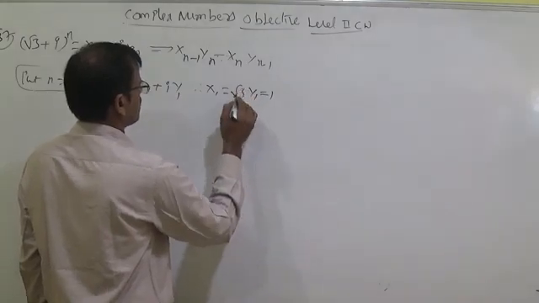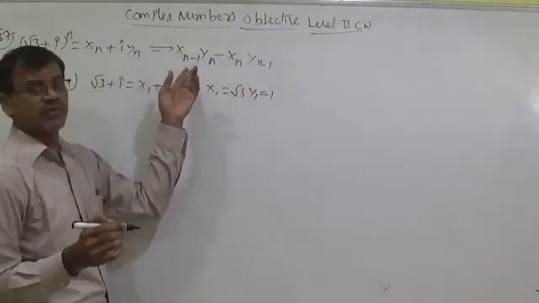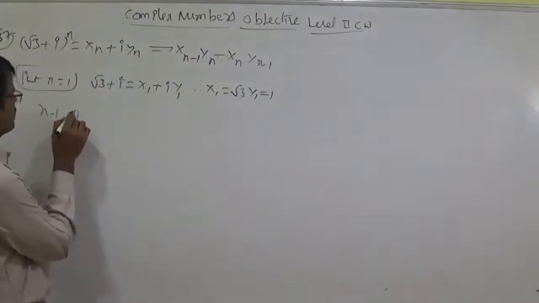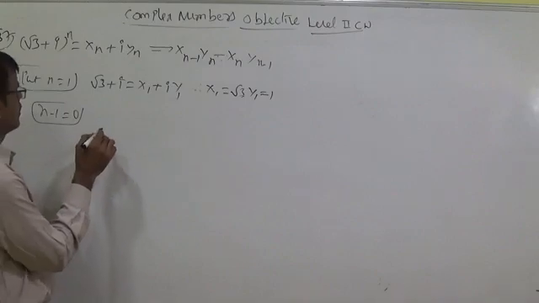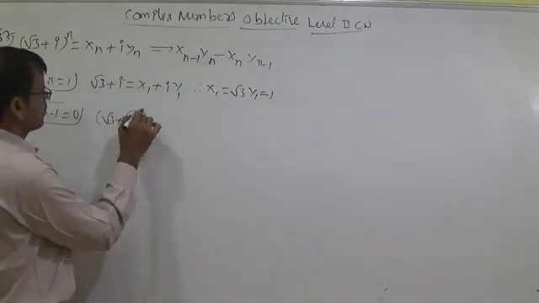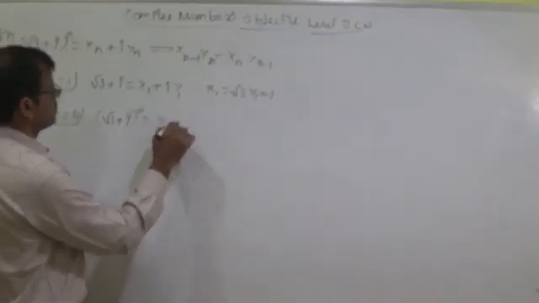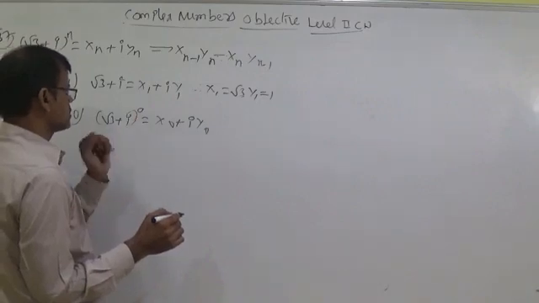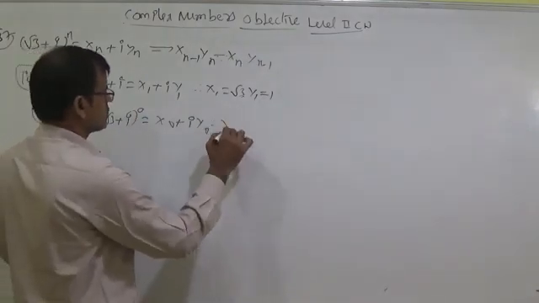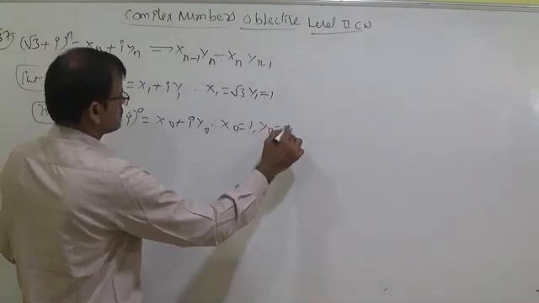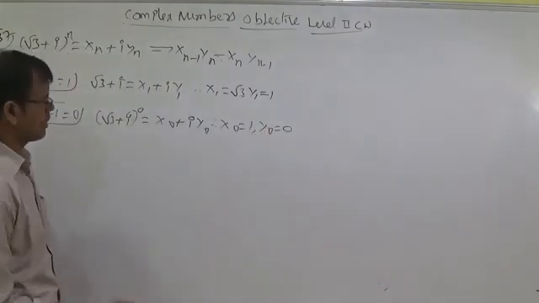And write here n is equal to 0, because n minus 1 is asked, n minus 1 becomes 0 whenever n is equal to 1. So root 3 plus I whole power 0 is equal to x naught plus I y naught. Anything power 0 becomes 1. So x naught is equal to 1 and y naught is equal to 0 because there is no imaginary part.